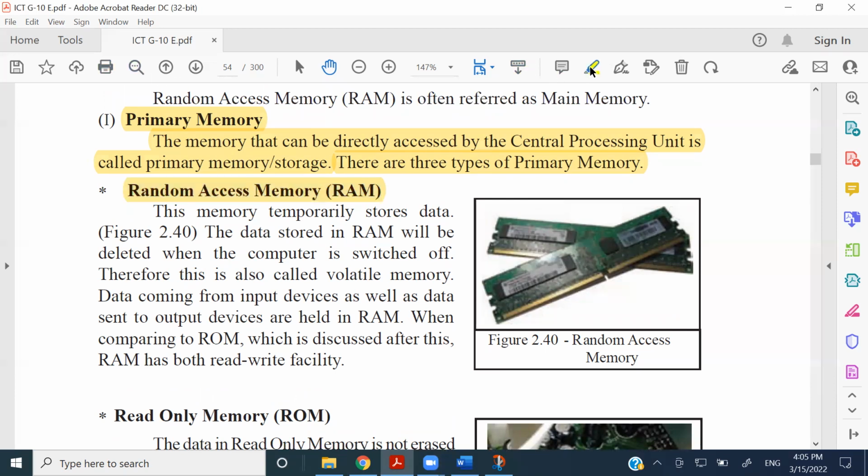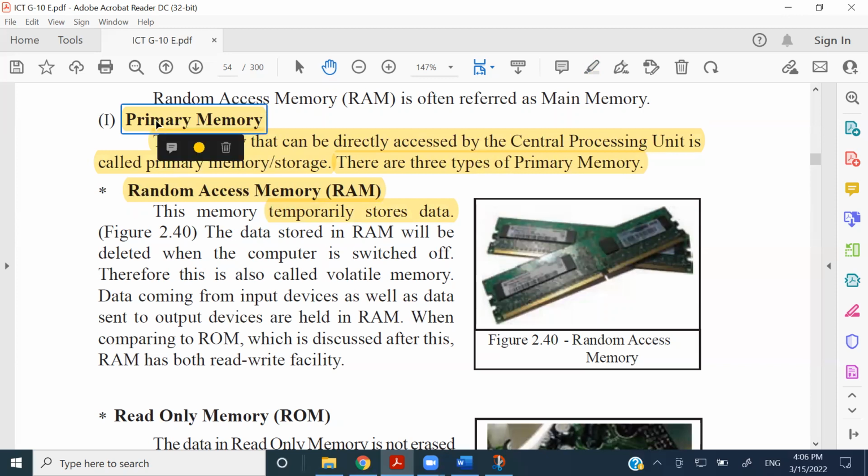So hold on. I will highlight the things for you to write. The heading is the primary memory.